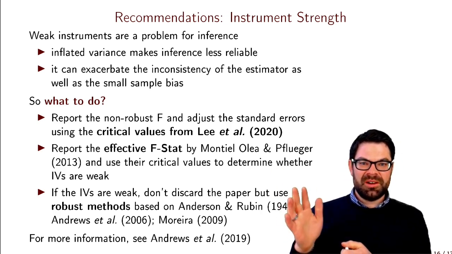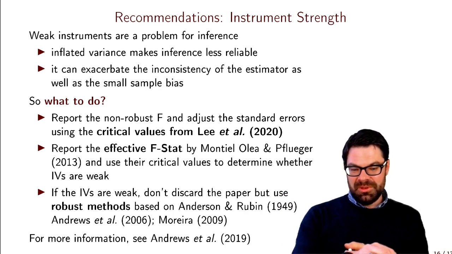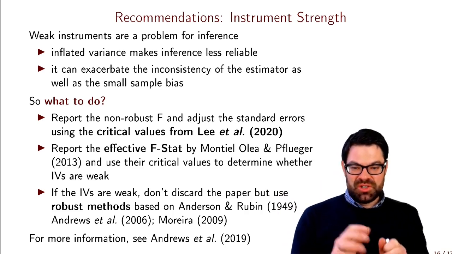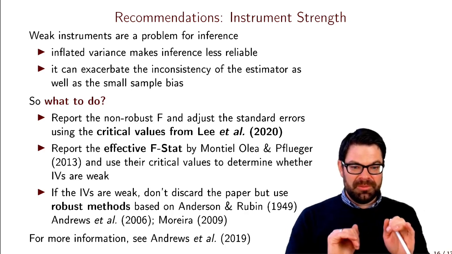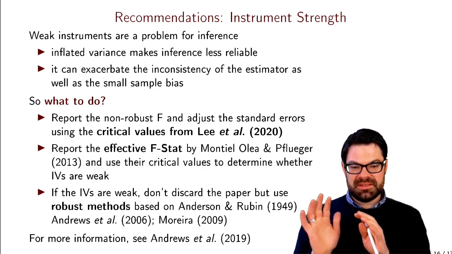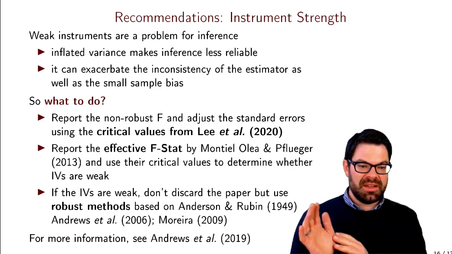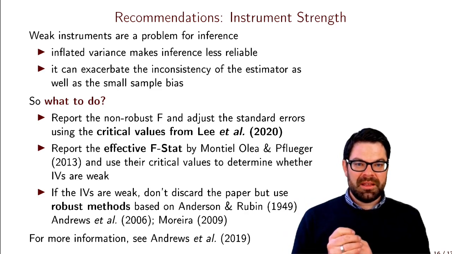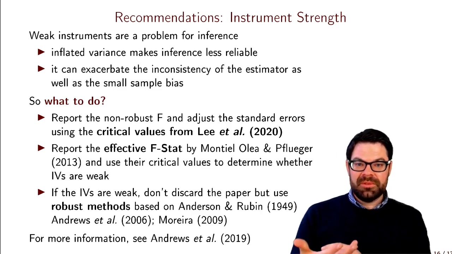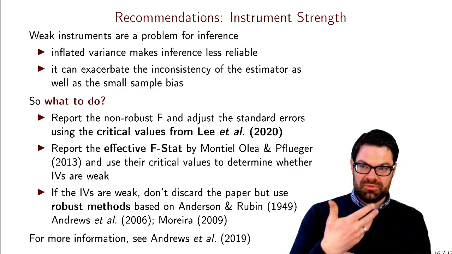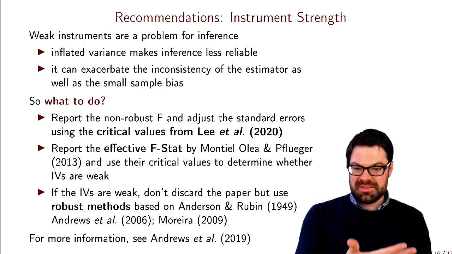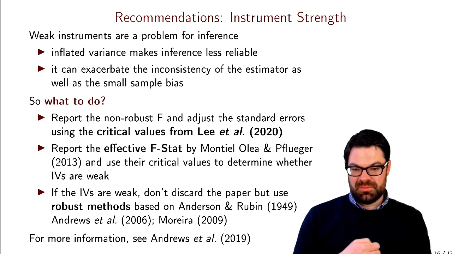Also, if you're a referee, don't recommend the rejection of a paper just because the IVs are weak. Because there are methods based on a seminal paper by Anderson and Rubin many years ago that allow you to draw inference based on methods that are robust to weak instruments.